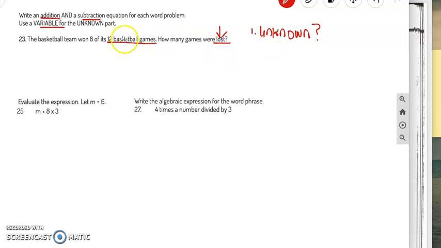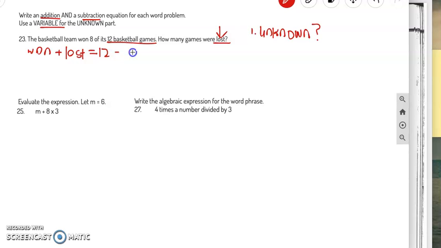So let's write the addition equation first. We need to do number of games won plus, because it's addition, what should I put here? Number of games lost or total? Lost, right? Because 12 games is the total of the number of games won and the number of games lost.